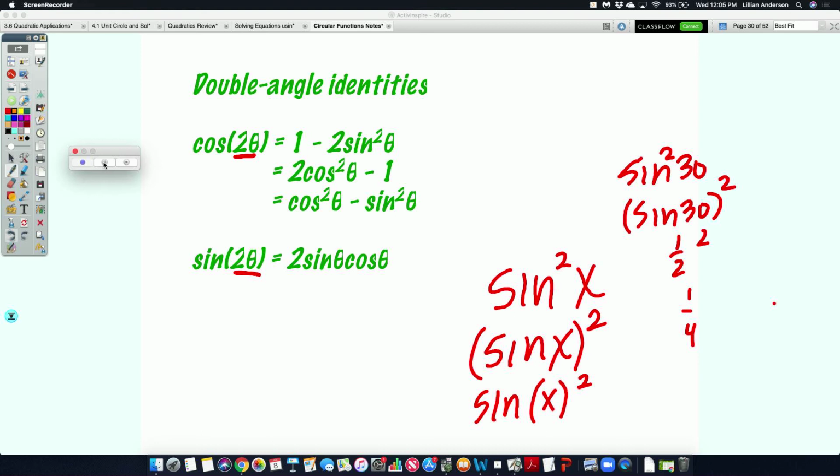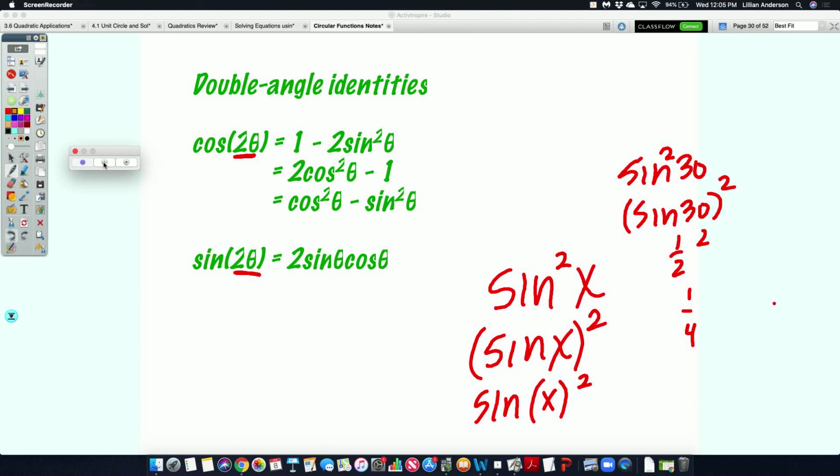What you see in the red is going to be helpful at some point later on in this unit, and I just want to go ahead and address it here. Do realize that the square that's in between the sine and the x means that you are squaring that entire quantity of sine x. It is just written properly in between the sine and the x.